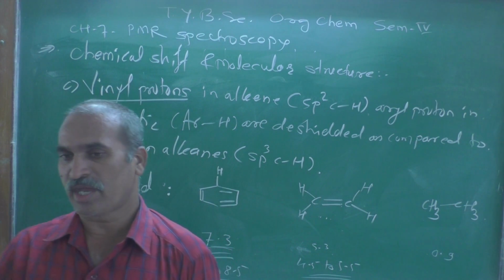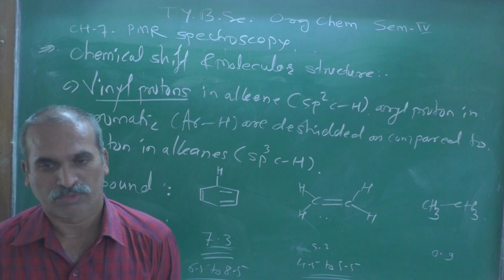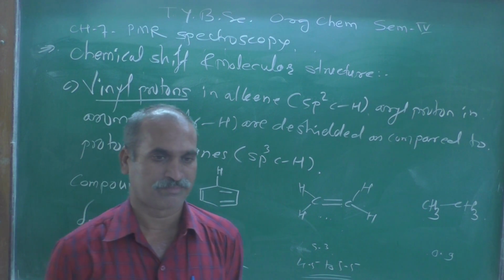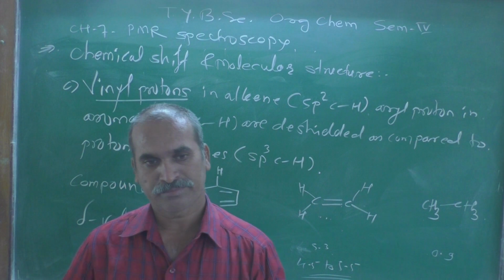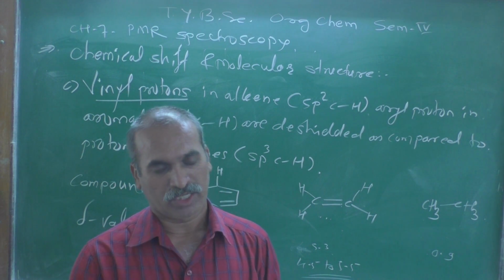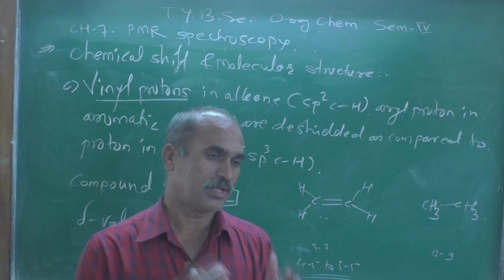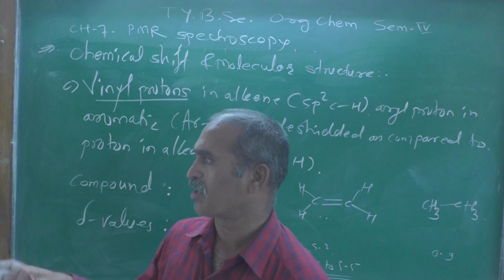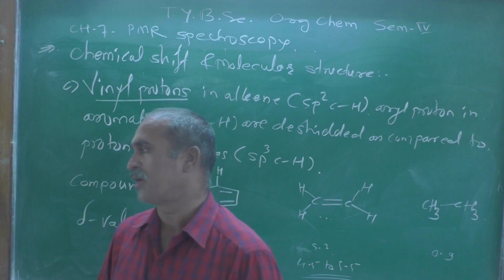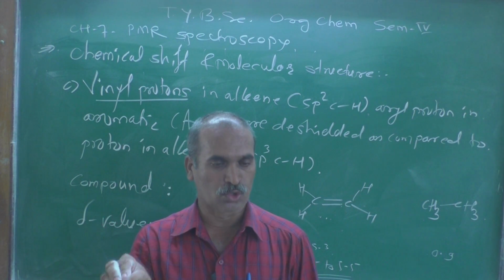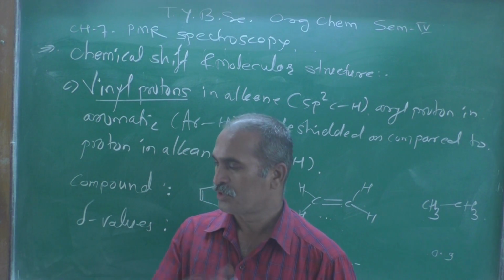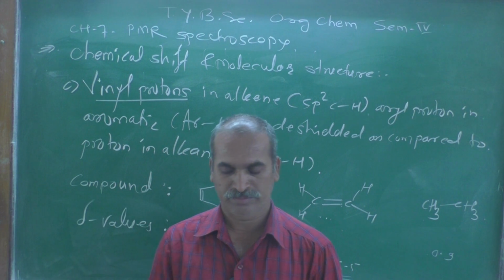Shielding and deshielding effects we already discussed in our previous lectures. When we apply an external magnetic field, or applied magnetic field, generally two zones are produced.